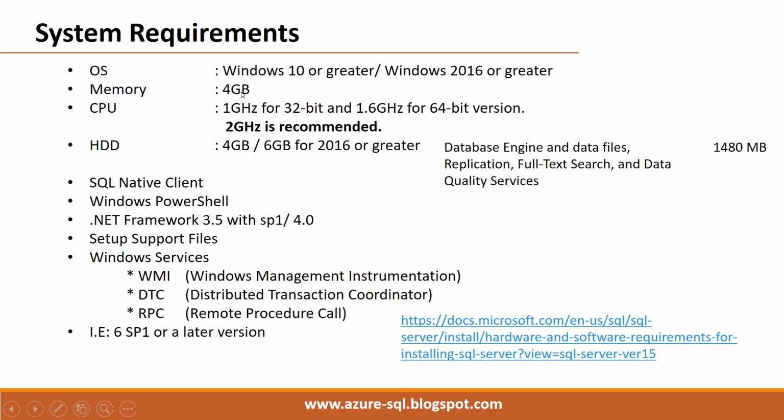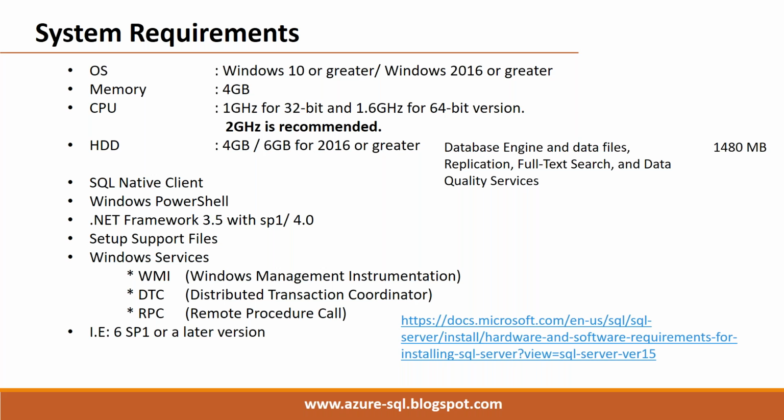Then memory: at least 4 GB is required, I am saying for 2019. CPU speed is 2.0 gigahertz, which is very common for most software. Every laptop has 2.7 or 2.8 gigahertz today. Then hard disk: at least 4 GB up to 2014, but from 2016 onwards 6 GB. 6 GB is for a complete installation.